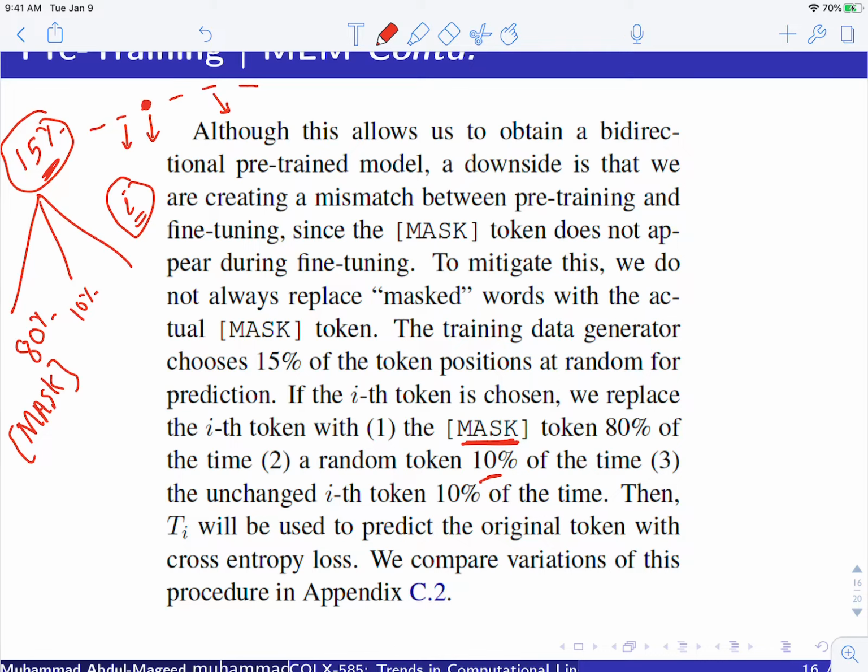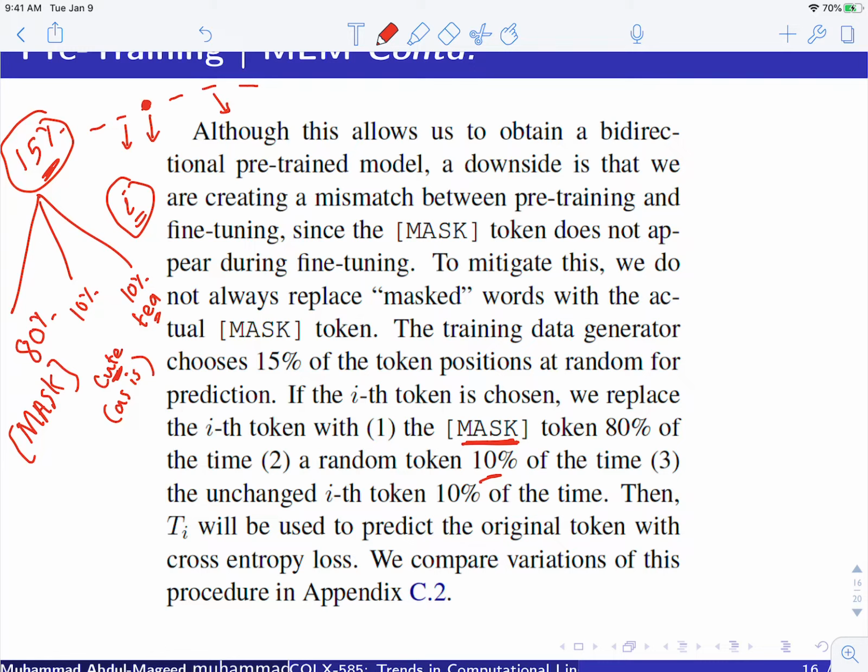So let's say the word was cute, they leave it as is. And for the remaining 10%, they will swap the word with a random token. They will pick any token randomly, so let's say the word T, and they will put it here. So I hope this is clear.